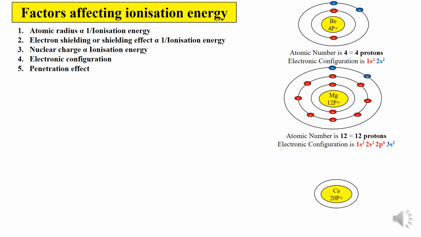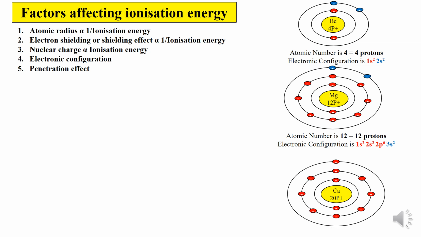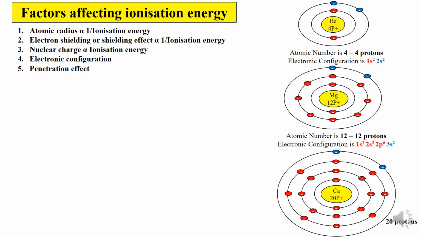So calcium contains 20 protons in its nucleus, 2 electrons in its first shell, 8 electrons in the second shell, again 8 electrons in the third shell, and 2 valence electrons in the outermost shell. Atomic number is 20.